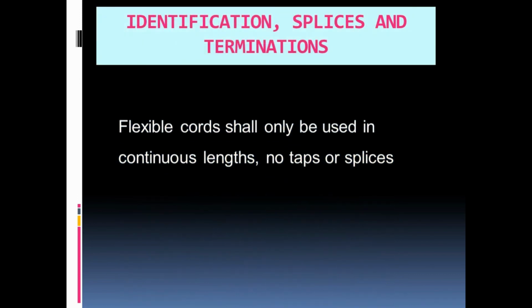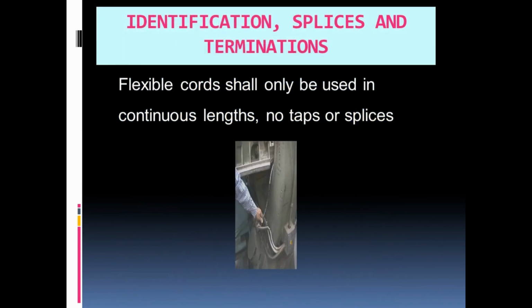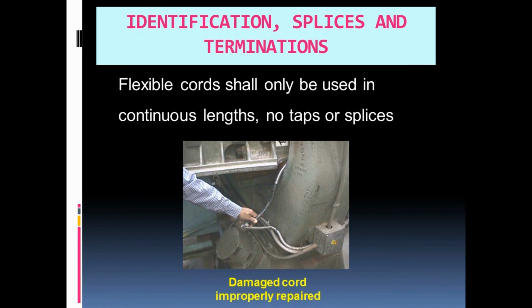Splices and terminations. Flexible cords shall only be used in continuous lengths, no tabs or splices. Damaged cord improperly repaired, as illustrated in the diagram.